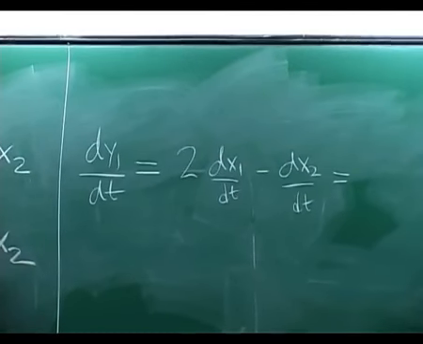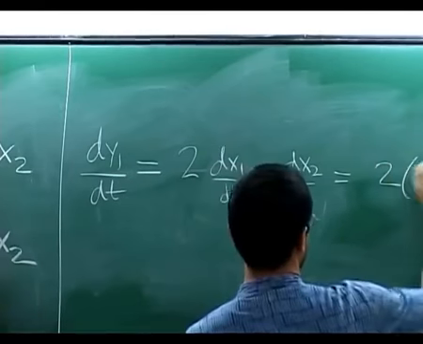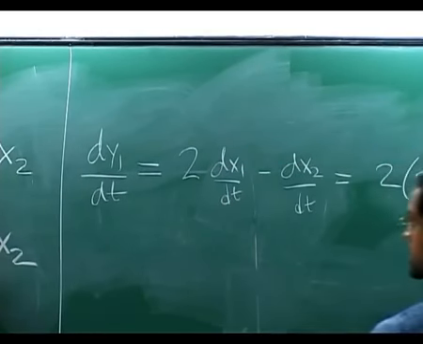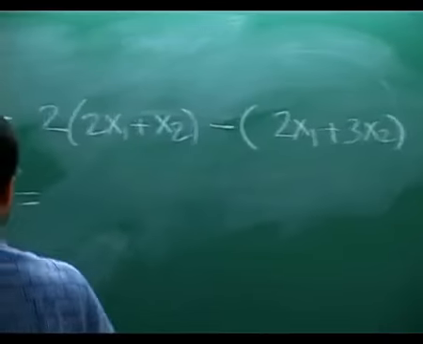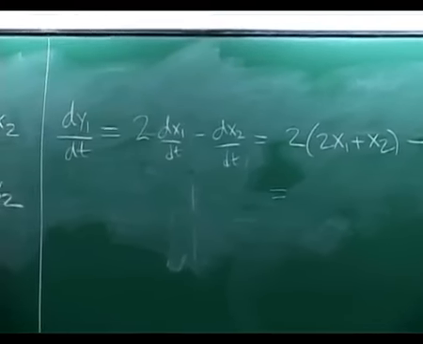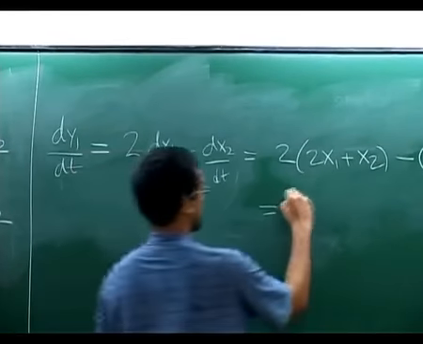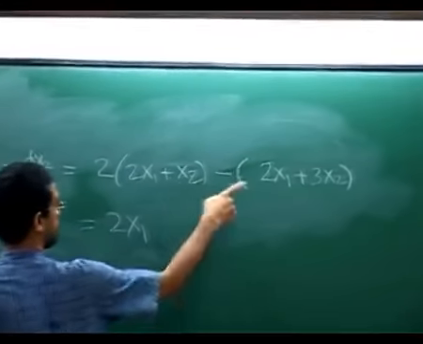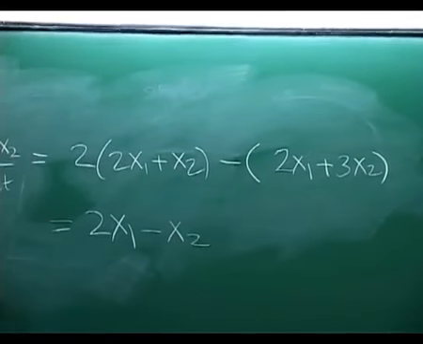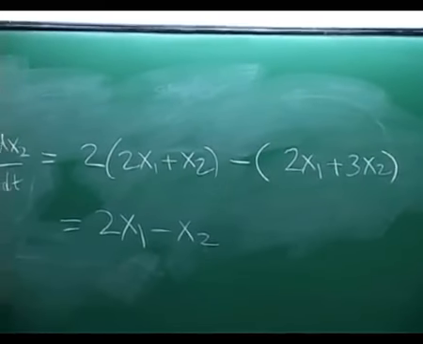So let's plug that in: 2 times (2x1 plus x2) minus (2x1 plus 3x2). What does that become? 4 minus 2 is 2 x1, 2 minus 3 is minus x2. What is that? It is y1.